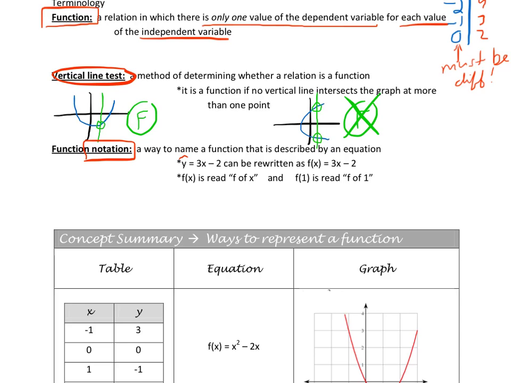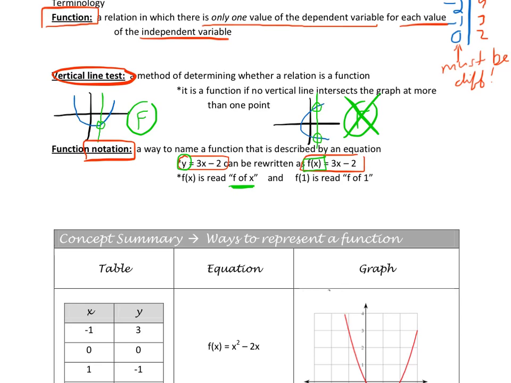What we normally have in regular notation is y equals something. In functional notation, we take the y and replace it with f of x, and that is how it is read. F parentheses x is f of x.